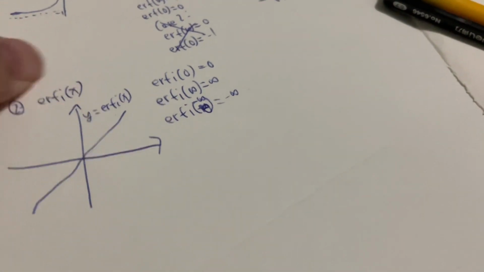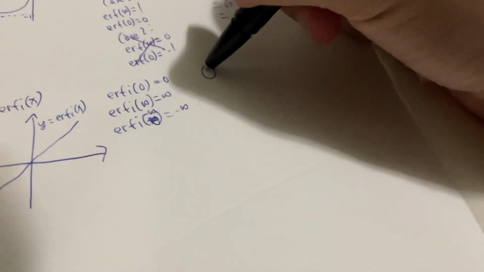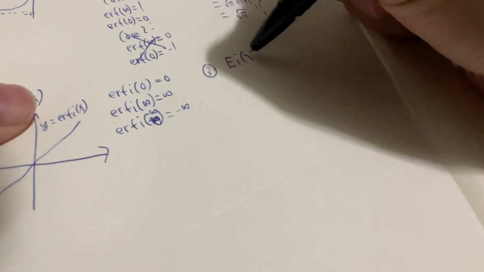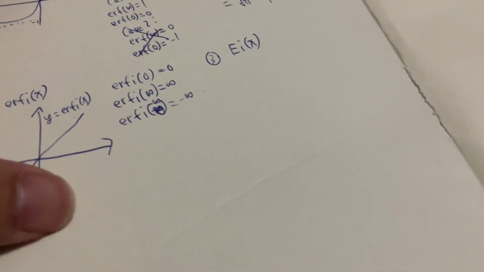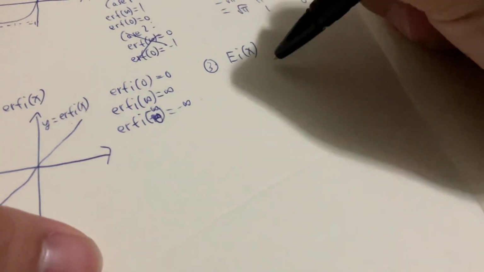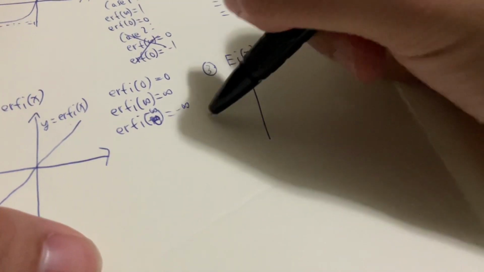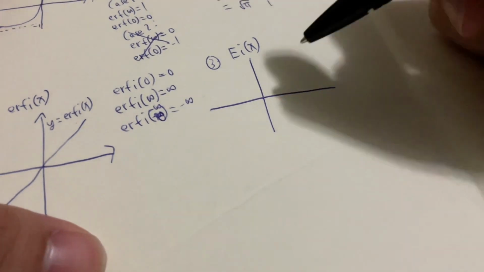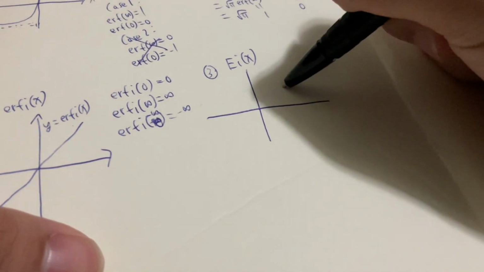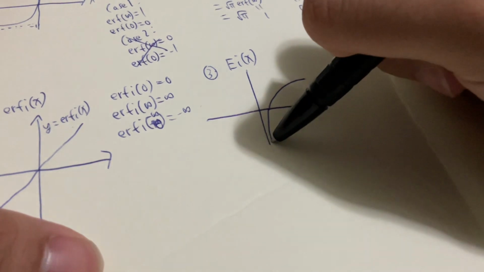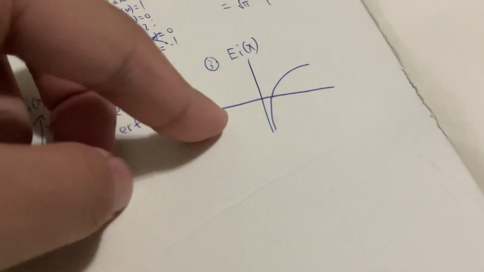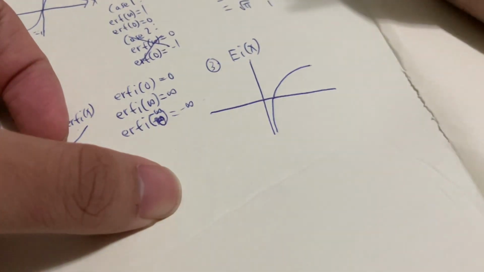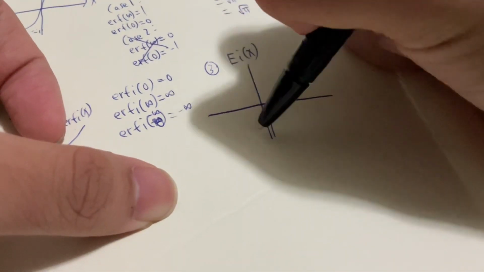It's really simple, right? So number 3. Ei of x, the exponential integral, Ei of x. And this graph is like that. These are kind of weird ones. From the positive part, and this approaches 0 like that. And for the negative part, when x approaches infinity it is going to be 0.